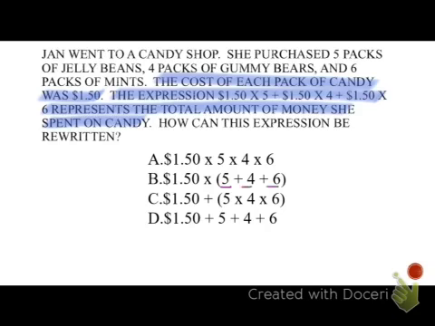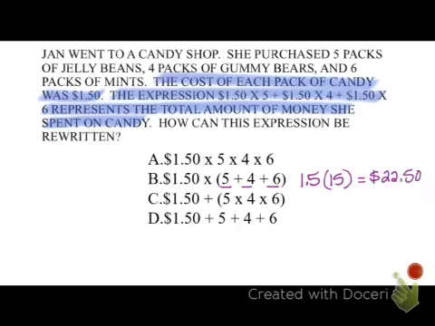We should see that if we simplified both expressions, they come out to be the same number. In the case of B, 5 plus 4 is 9, and 9 plus 6 is 15. So we have 15 items, and each item costs $1.50, making our total $22.50.